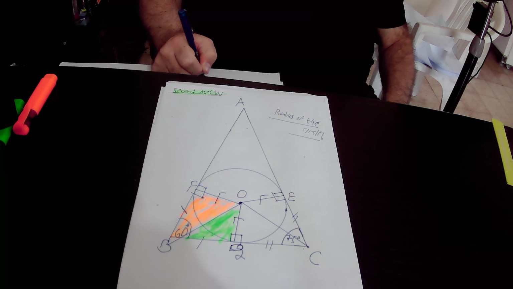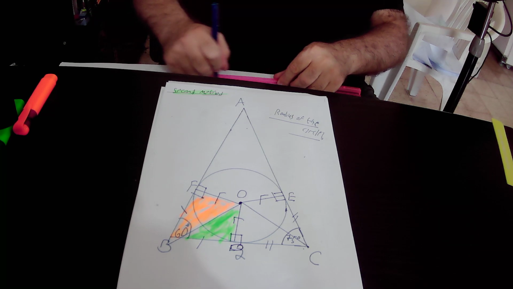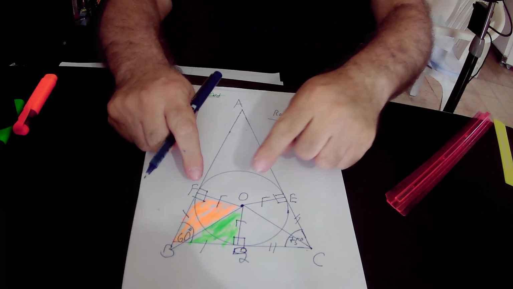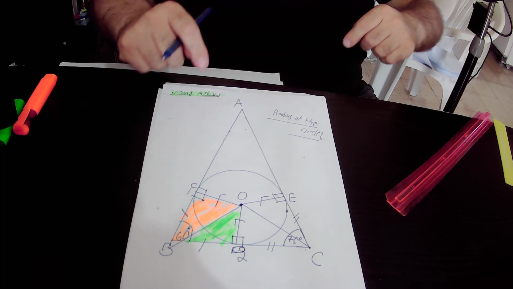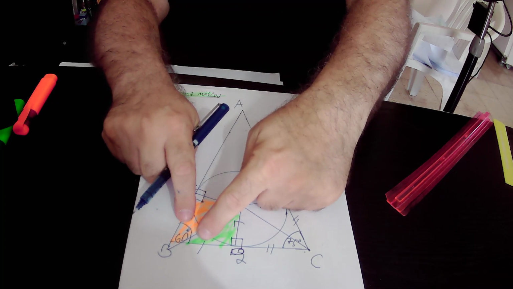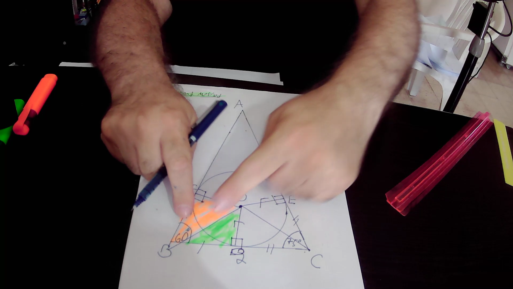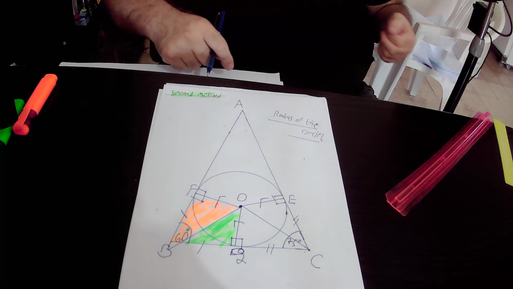And from the fact that the green triangles can go into the orange triangle, we conclude that those two angles are equal to each other according to the rule that corresponding angles in congruent triangles are equal to each other.